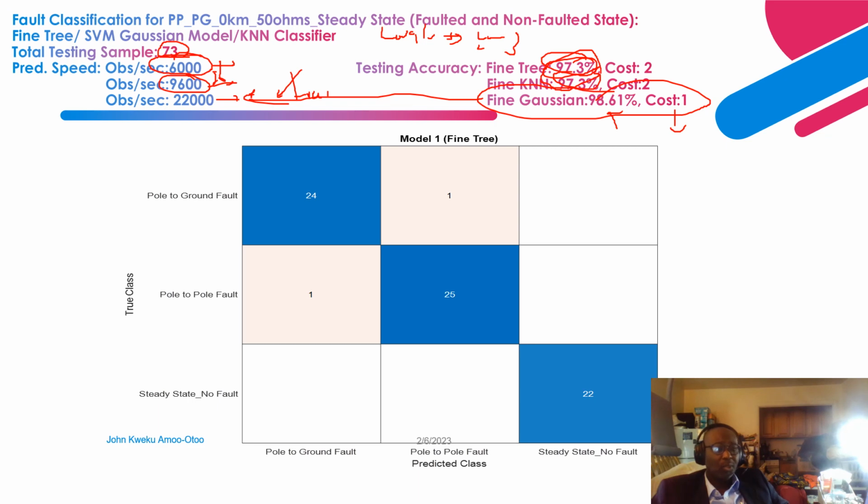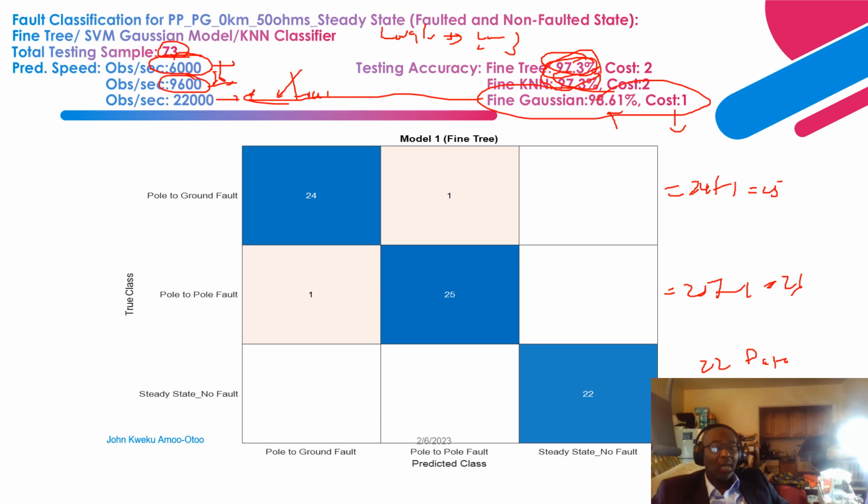Okay, so out of that, I have a total of 24 plus 1 for pole to ground fault, 25 plus 1, 26, and 22 for steady state data points. These are the data points that I have for steady state, and 26 data points for pole to pole, and 25 data points for pole to ground.